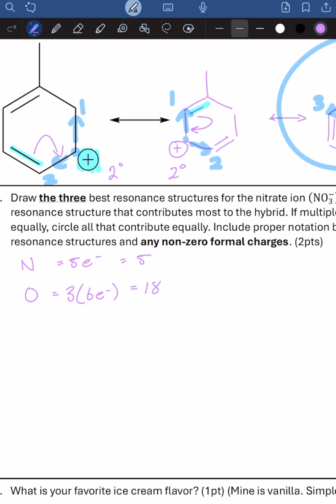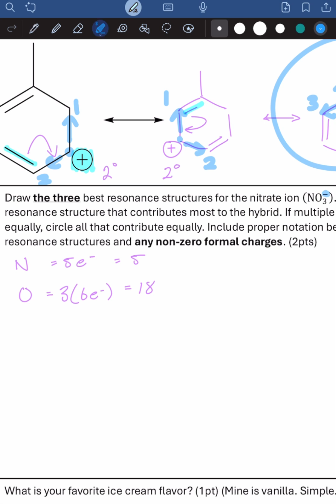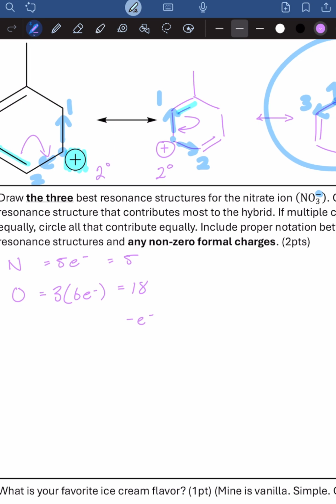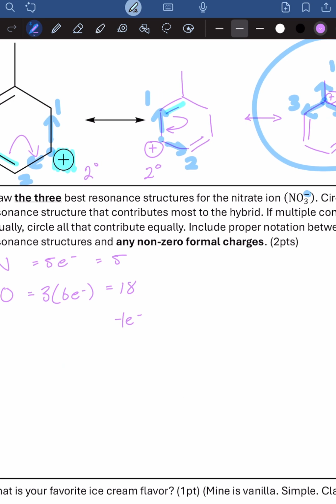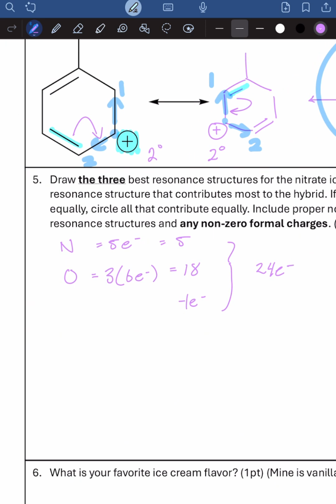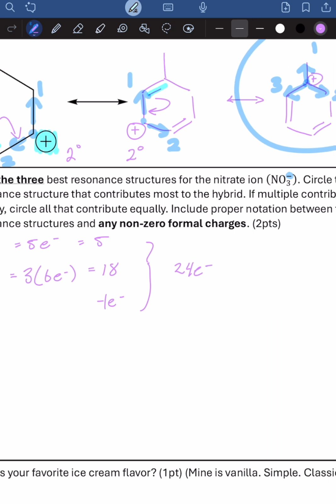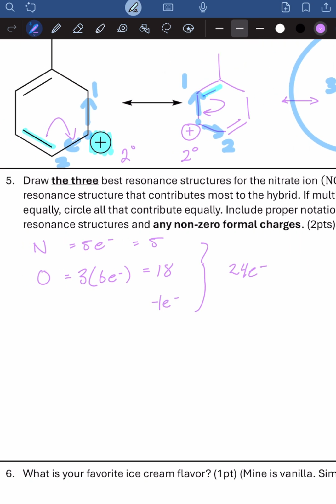And then there is a negative charge as indicated here, so we can just add another electron as well. Another 1 electron, and this total is going to give us 24 electrons. Okay, so in this case, we can draw out our structure, and it's going to look something like this.